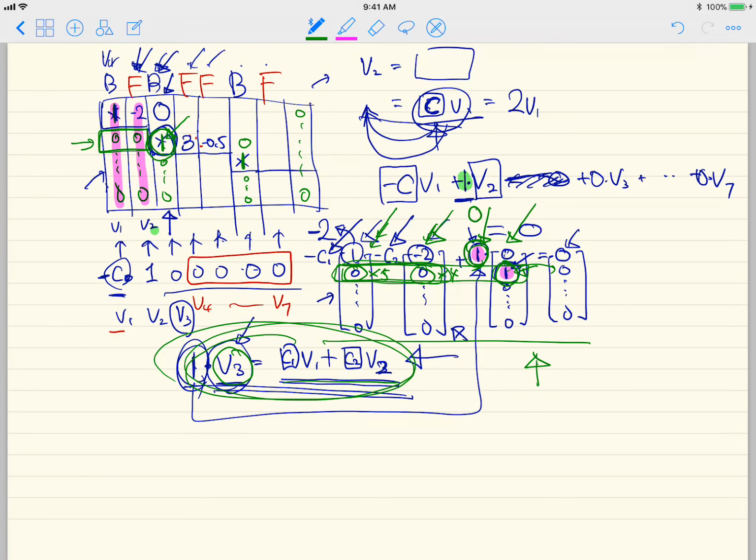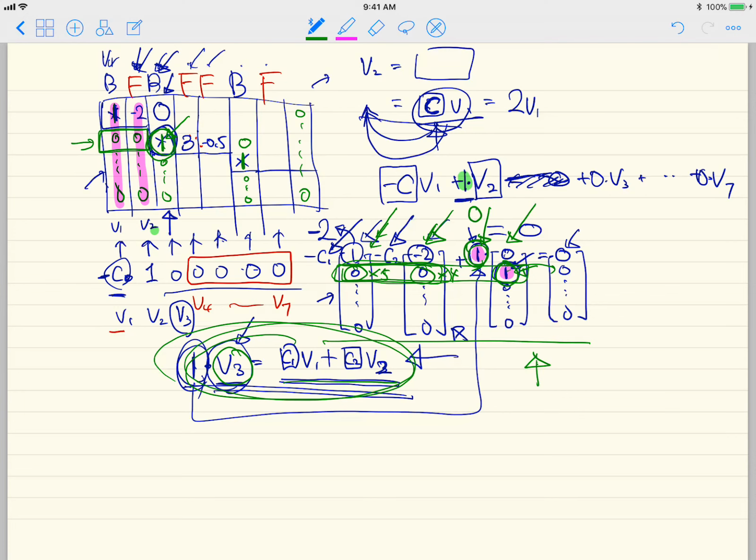So, in summary, this one is actually showing that when adding your vectors one at a time, okay, if the added vector does not belong to the span of the previous vectors, then it should be a basic variable.